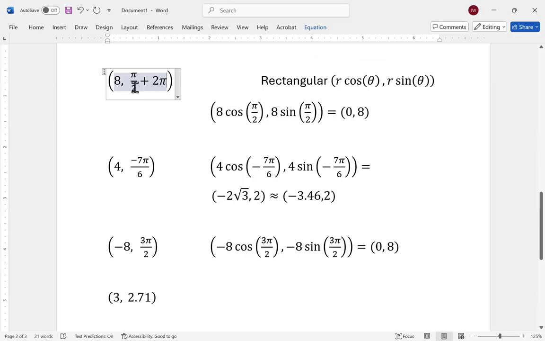Pi over 2 and pi over 2 plus 2 pi are coterminal angles, meaning the ray is exactly the same. So you can always add 2 pi, but notice that pi over 2 and 3 pi over 2 are a difference of pi, and here we used a negative r. Let's think about what that means.